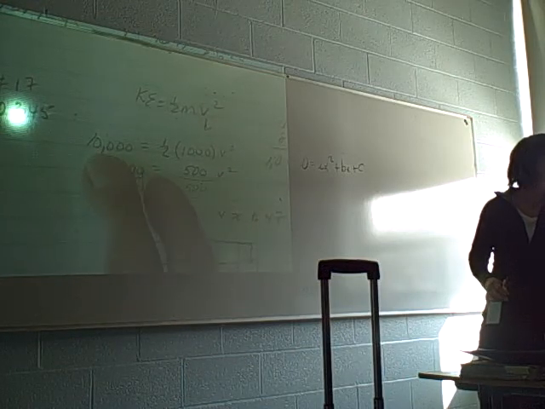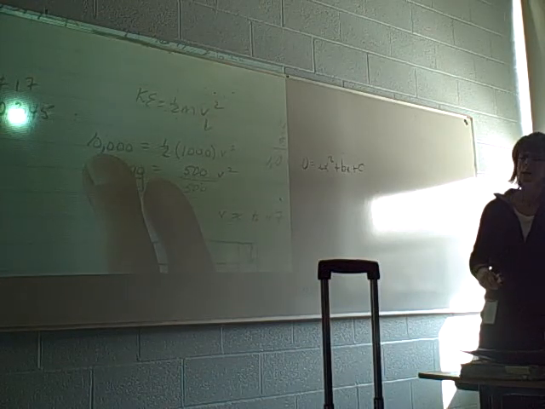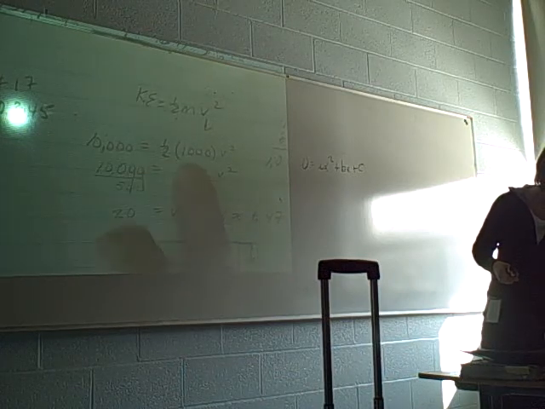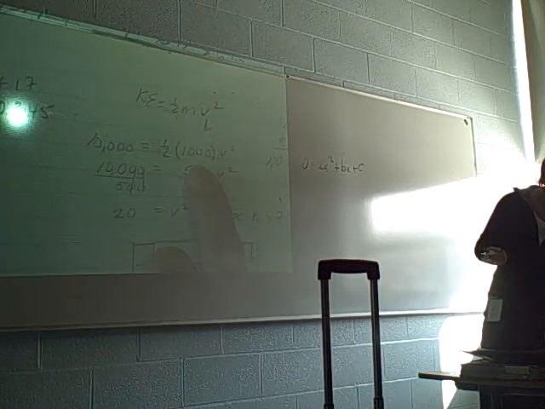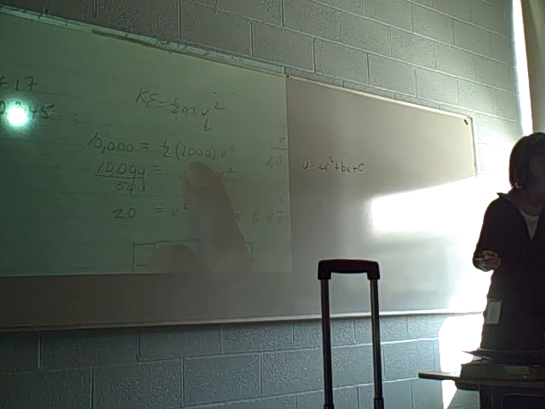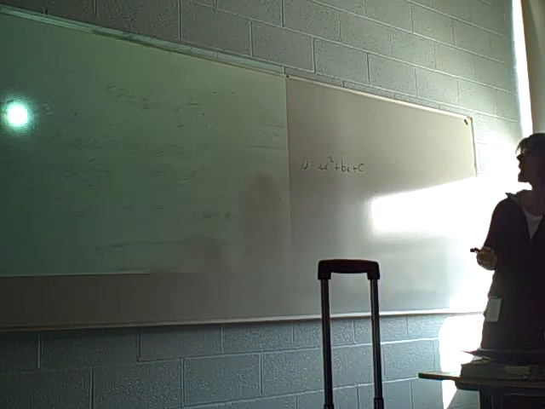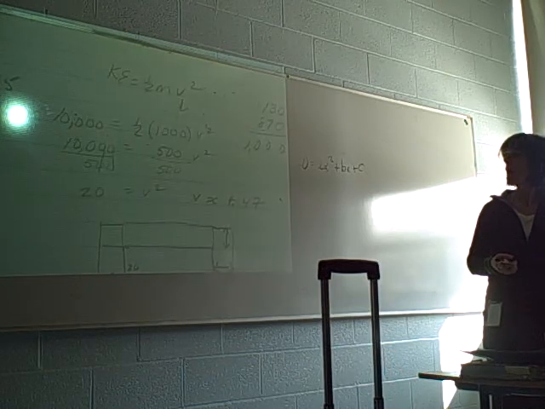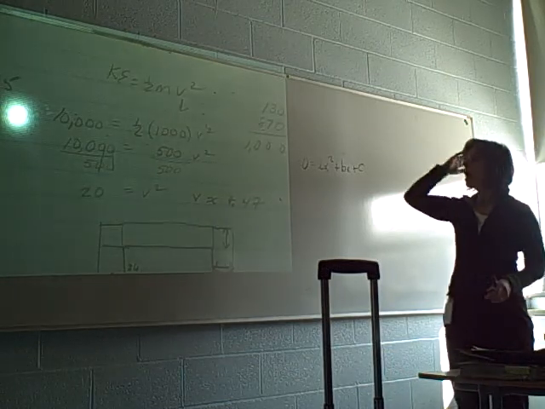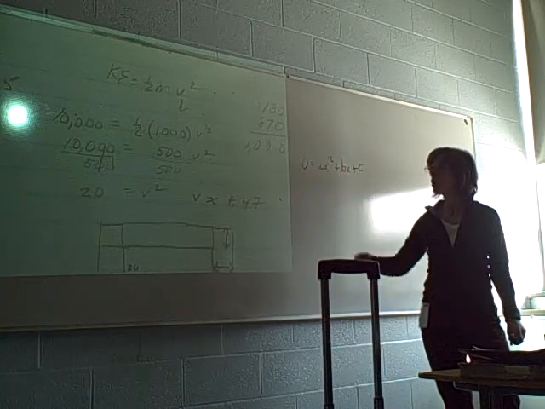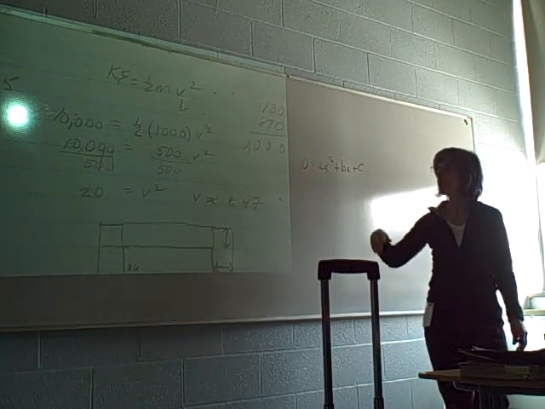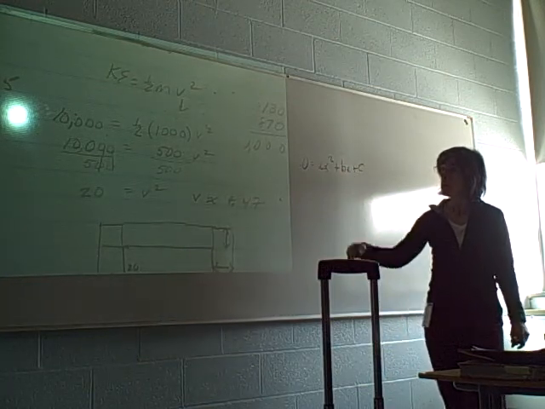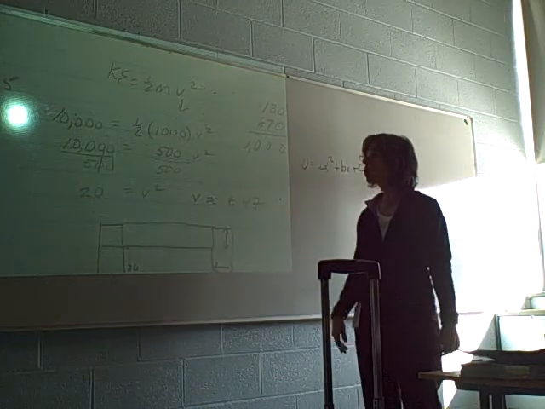They told me it was going to be 10,000 joules, and I had to figure out the mass. I added 1,300 and 870, and it was velocity squared. So I want to know what v squared is. Divided both sides by 500. 100 divided by 5 is 20.